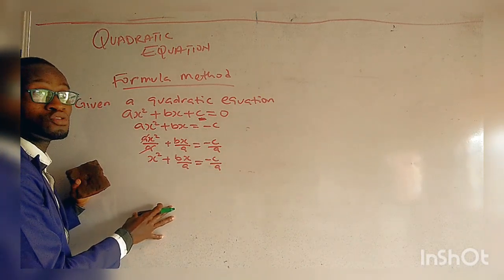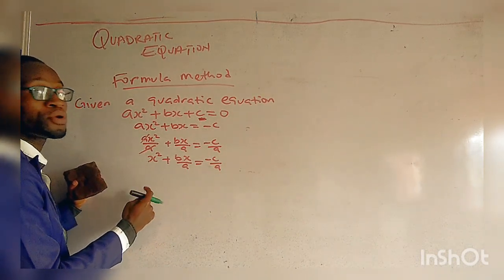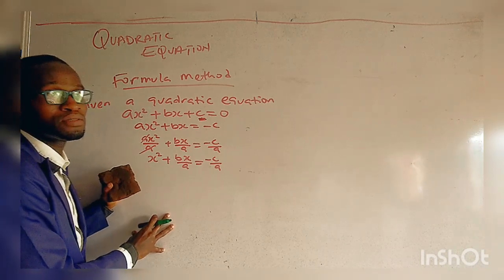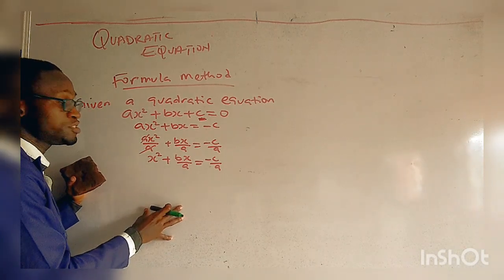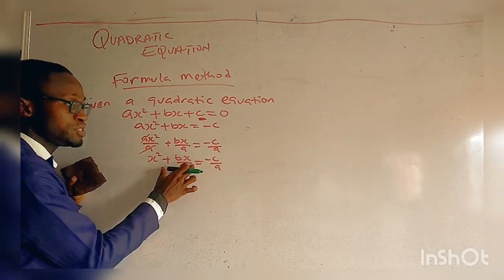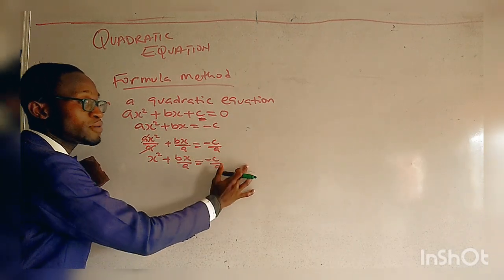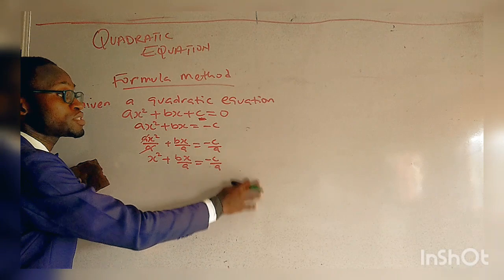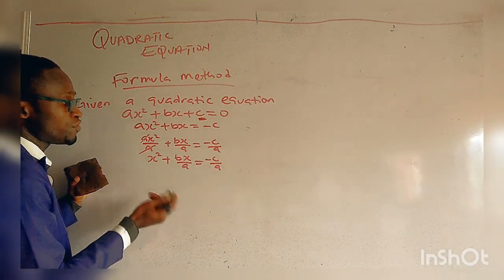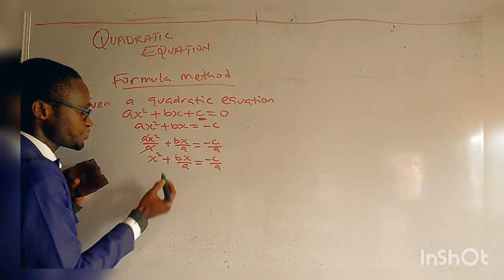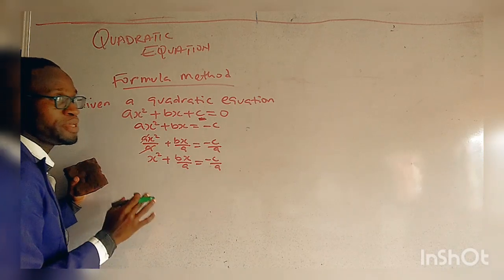Now the next thing we are going to do is what we call completing the square, that is, perfecting the square. Whatever we add to this side of the equation to make it a perfect square, we also have to add to the other side. Let me explain this better.